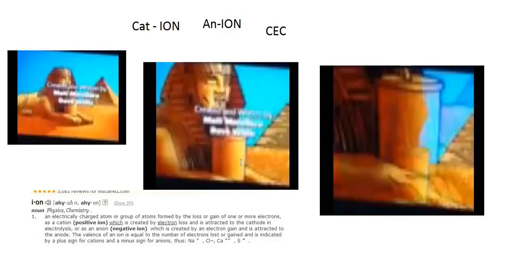It's probably sending us negative ions, and we're sending it positive ions from the center of the planet. I'm pretty sure that's what's going on. So we're constantly getting negative ions. I believe I have this right. As above, so below.